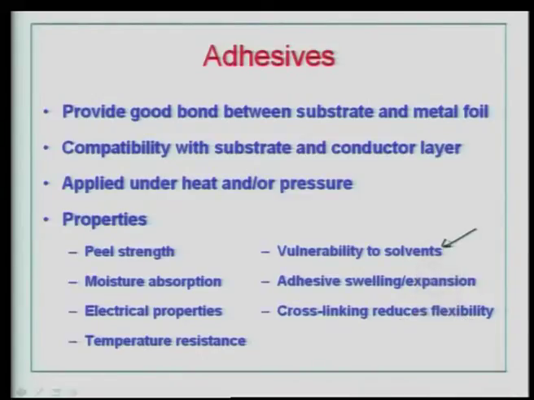Adhesive swelling and expansion, all these can lead to defects in the entire structure, just because the adhesive has got poor mechanical and physical properties. Cross linking reduces the flexibility, therefore, use polymers which have less cross linking, because we are talking about simple structures that are cost effective.